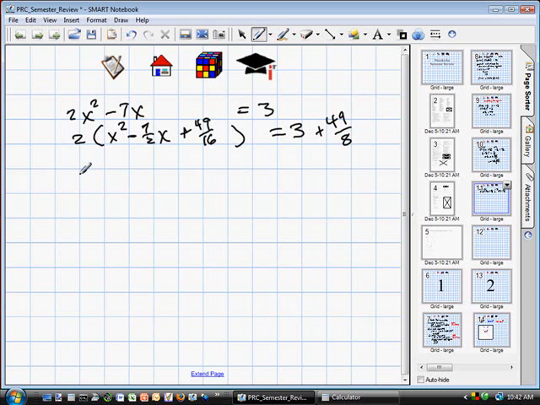Okay, now, this is x minus 7/4 squared. This is, oh, let's get a common denominator here. 24/8, so 73/8.